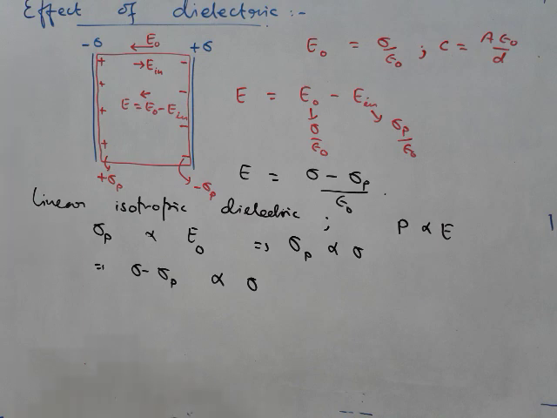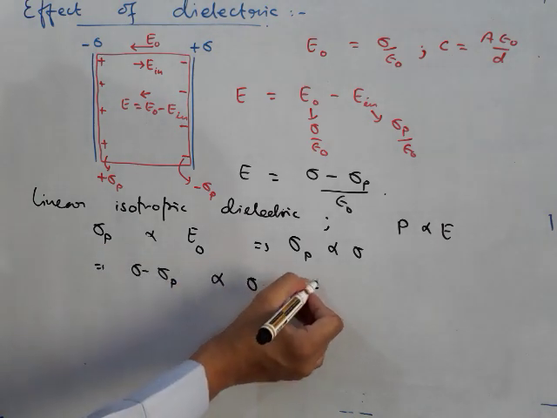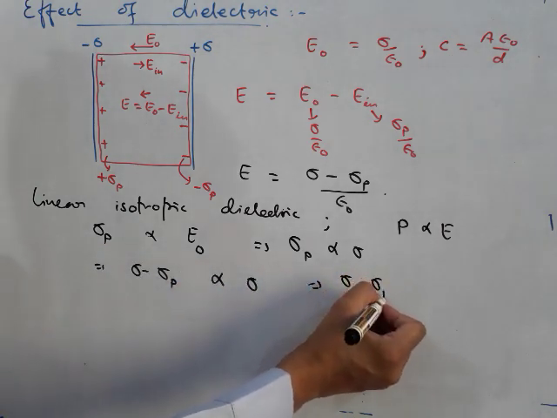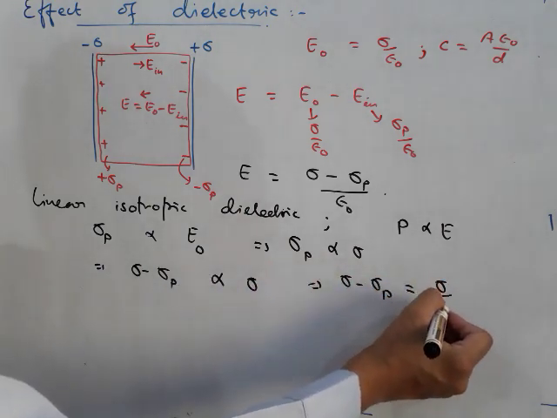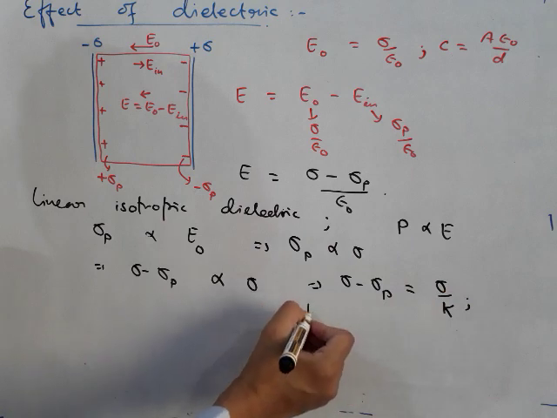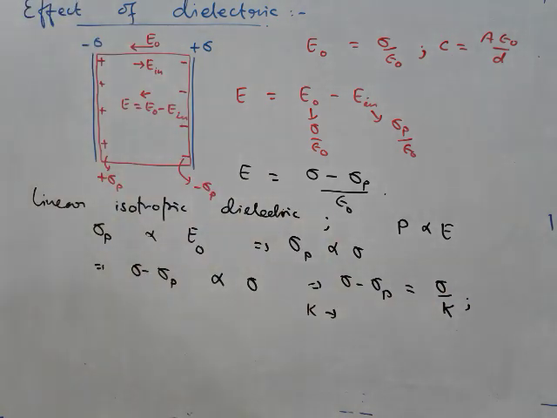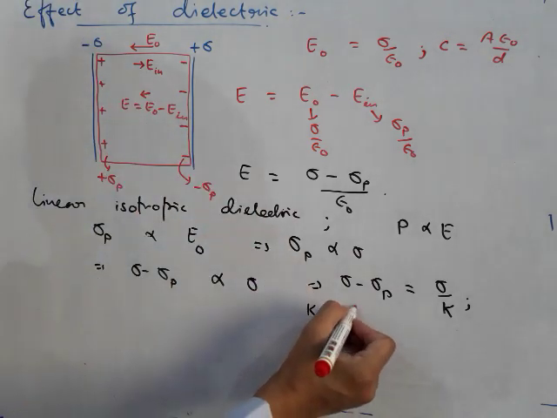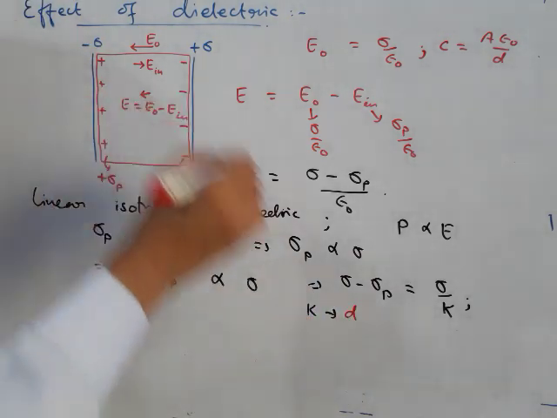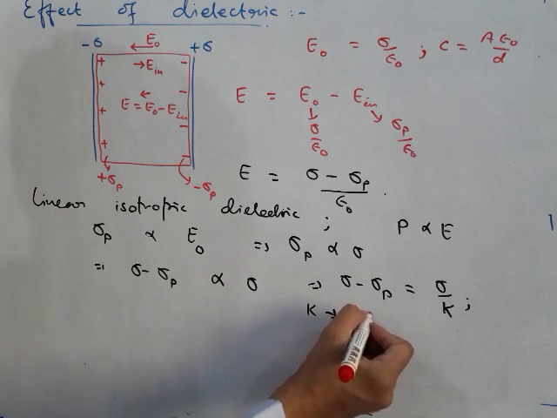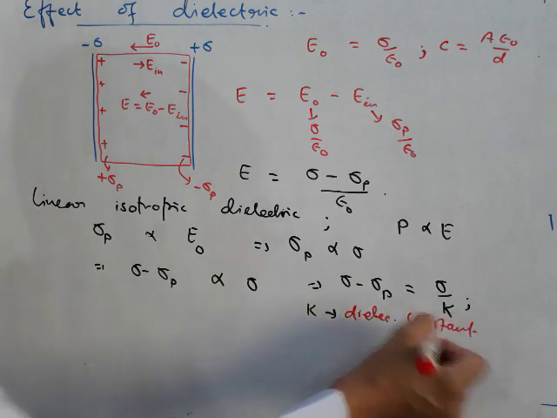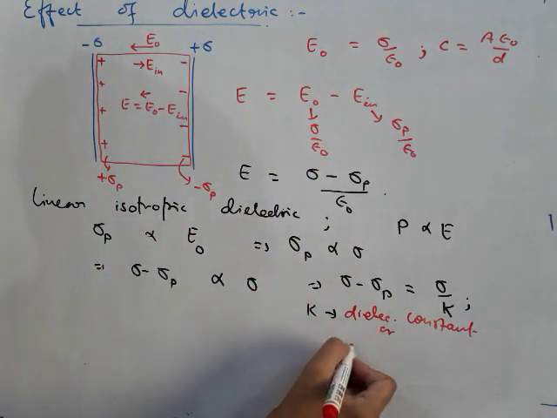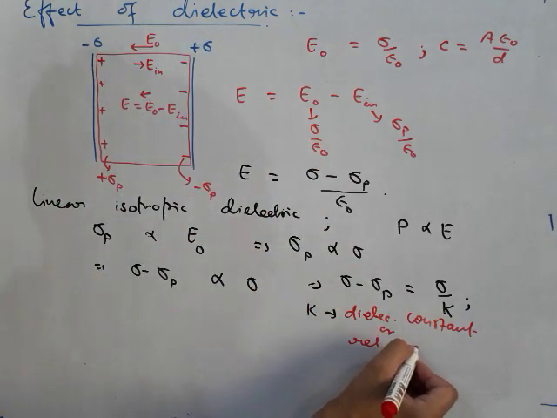And if this be true, then we can write sigma minus sigma p is equal to some constant times sigma. That constant we write as 1 upon k, where k is a very important constant that we call the dielectric constant. It is an inherent property of this dielectric. So it is the dielectric constant of the dielectric. This is also called relative permittivity.